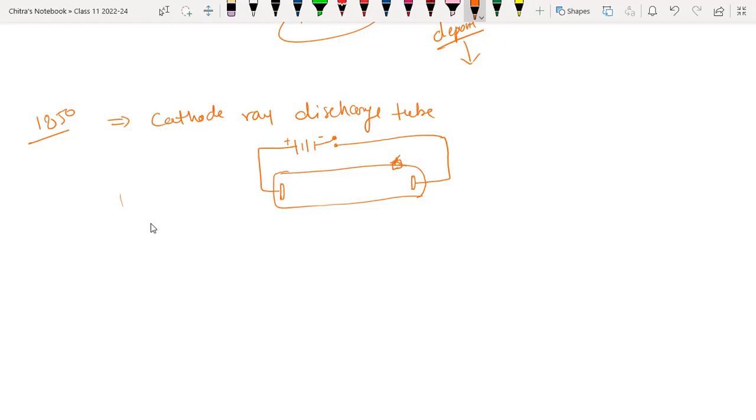Here it is connected with the positive terminal, so it is nothing but the anode, and that electrode is connected with the negative terminal of the battery, so it is called the cathode. Understand? And here a high voltage of current is going to be supplied.